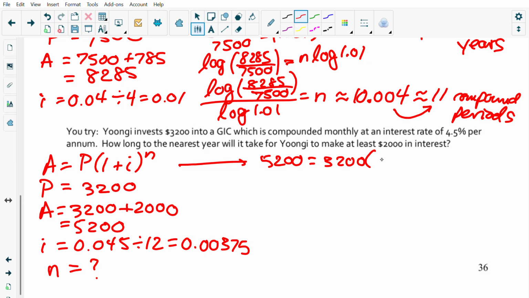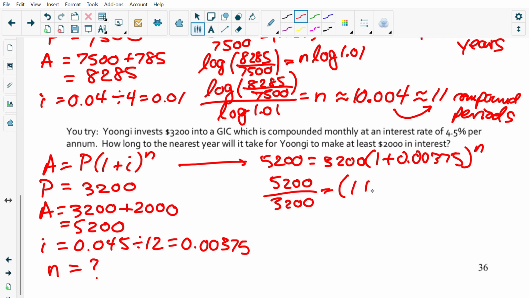5,200 equals 3,200 times 1 plus 0.00375 raised to exponent n. Log time, right? Let's isolate n as much as possible. So that's 1.00375 raised to exponent n. Okay, let's take the log of both sides.